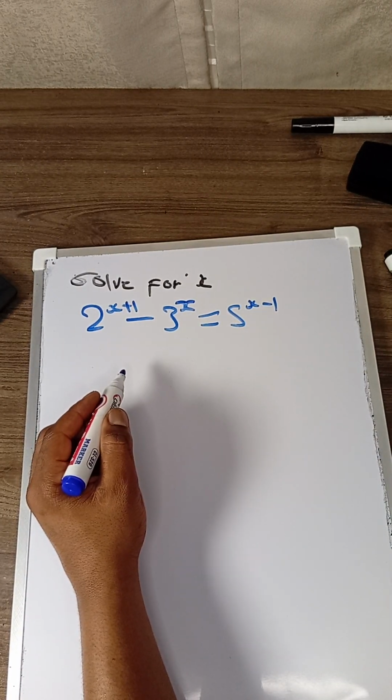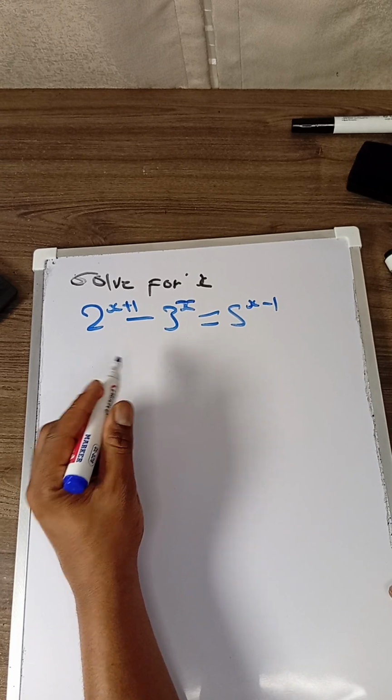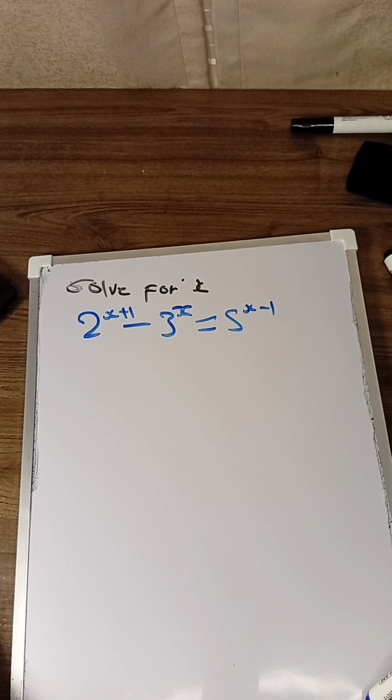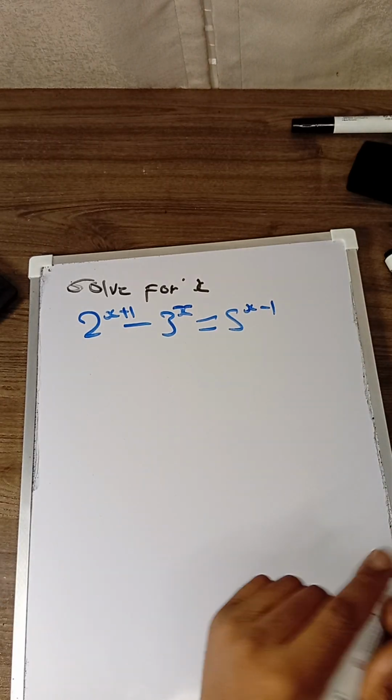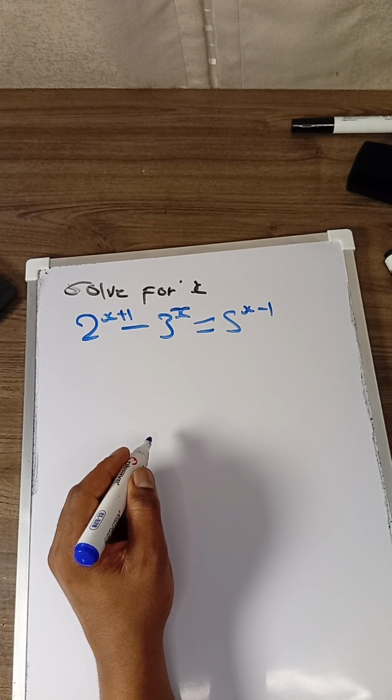Step 1, start with the given equation. This is our given equation. Now, step number 2, rewrite the terms to express them more clearly. For 2^(x+1), use the exponent rule.